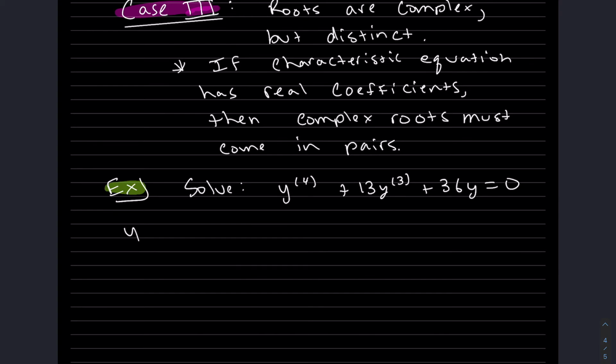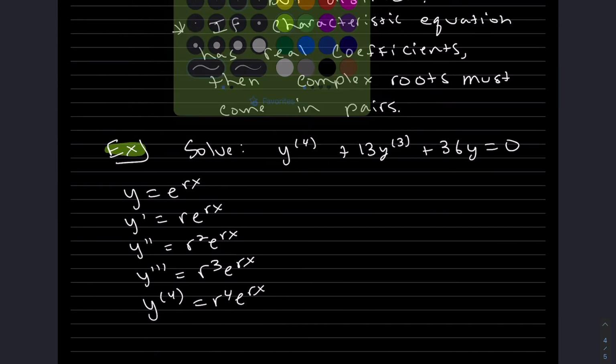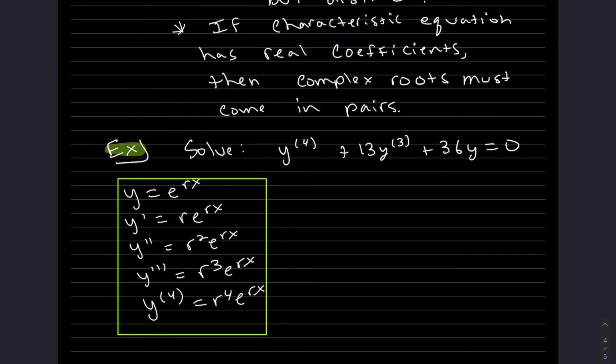So we're still going to use e to the rx. Each of these we're going to factor out e to the rx. And what's left is r to the fourth plus 13r to the third, plus, this is the last term, 36y is 36 e to the rx, the e to the rx factored out.